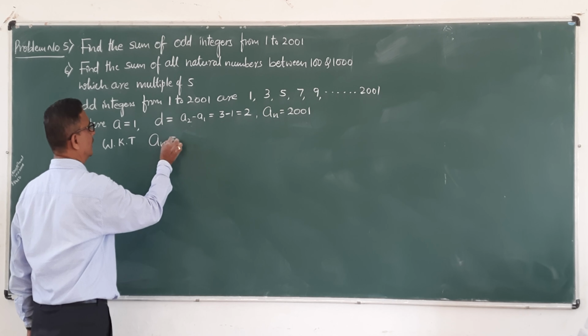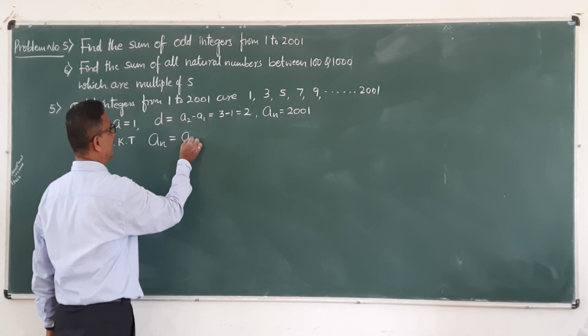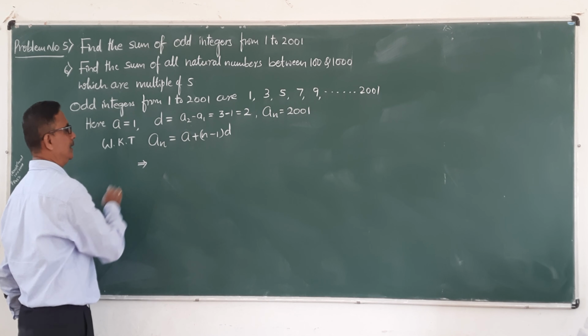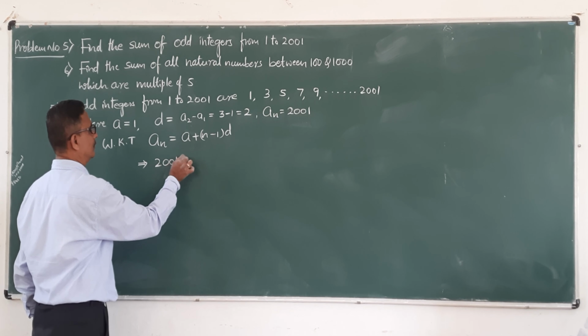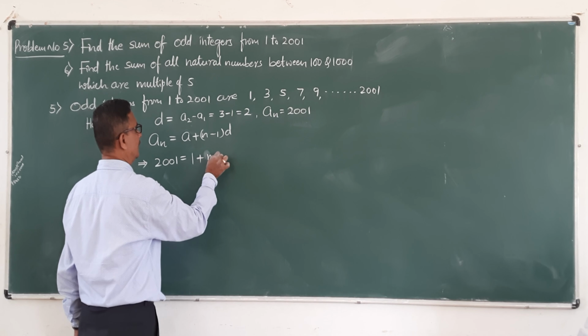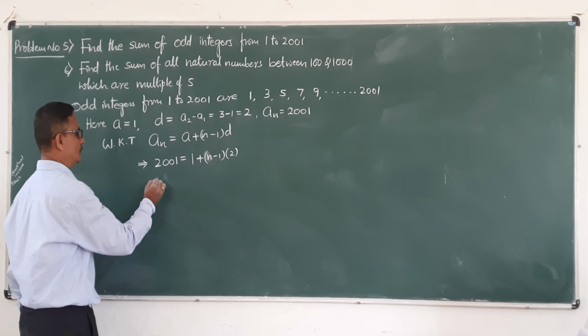Nth term of arithmetic progression denoted by an is equal to a plus n minus 1 into d. That is the formula. Substituting the value, this implies what is an? An value 2001 is equal to a value 1, n value don't know, you have to calculate n only, n minus 1 right as it is. d, what is d? d value is 2.